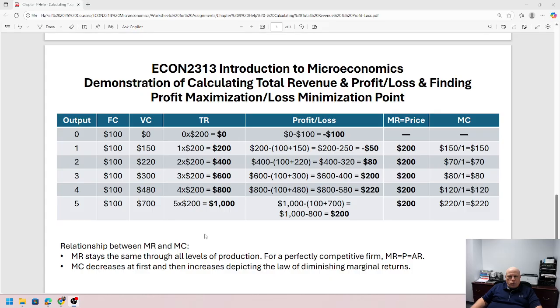So in this case, what I've done, and what you'll probably need to do when you're completing this problem on your assignment, is calculate marginal cost, compare it with marginal revenue, and find the point where our profit maximization is, by looking at the marginal values.